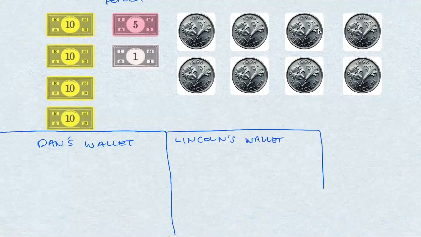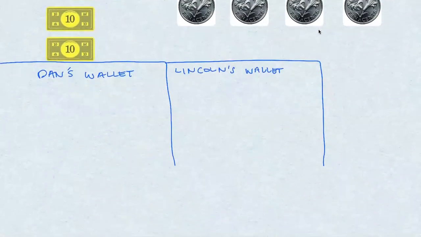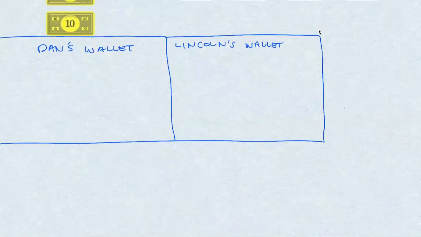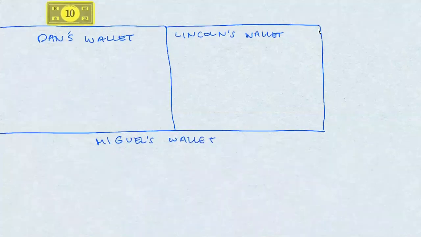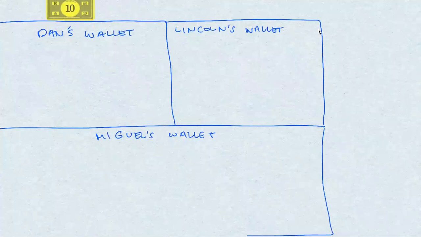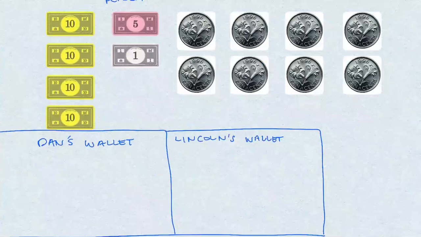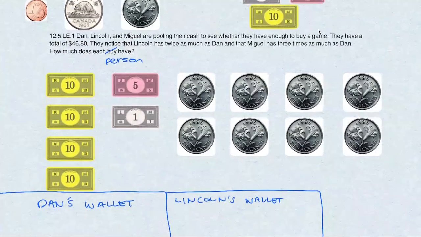I'm really just drawing a space to keep the monies all separate. And then for space's sake, I have to draw underneath. We're going to have Miguel's wallet, and why don't we have his wallet be long? Okay, so we know that they have all their money. They're putting it together. That's why we're looking at all of their wallets at once.